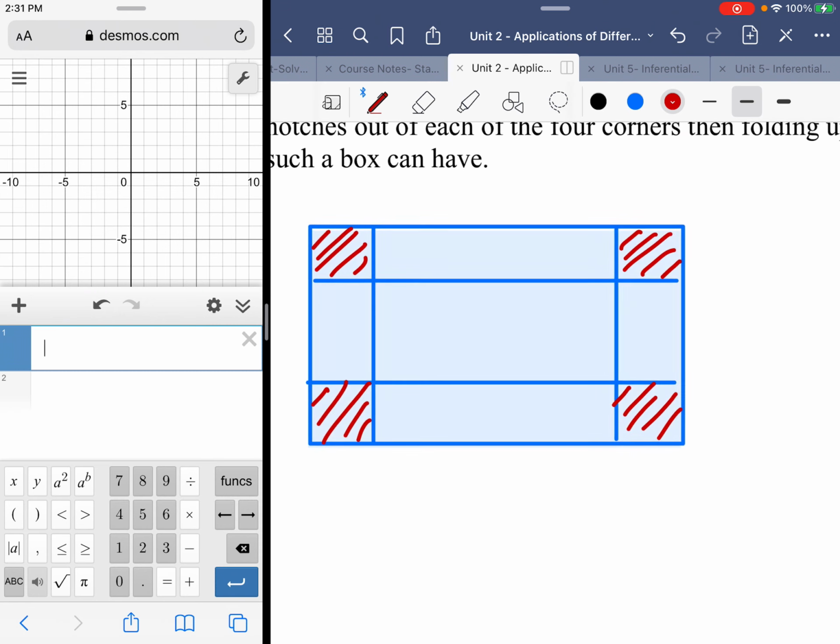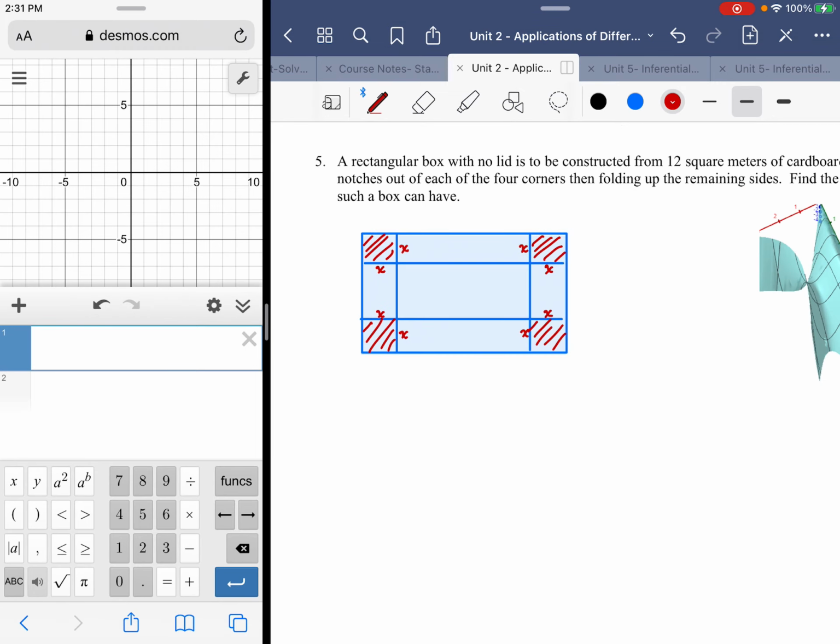All right, so let's call the dimensions of the square notches X. Now the area is equal to 12 square meters. I honestly have no idea what the length of each side is going to be.